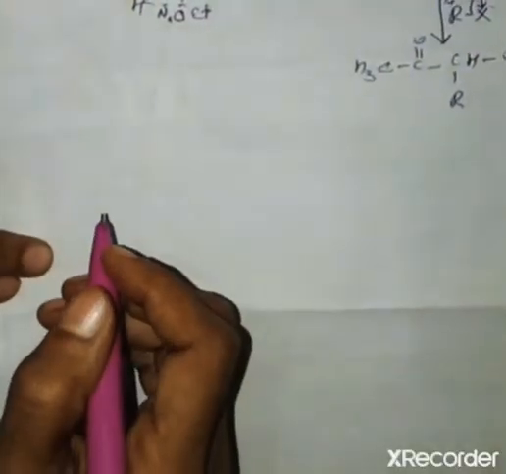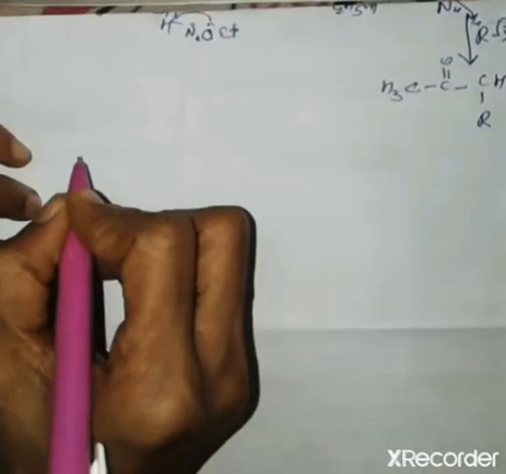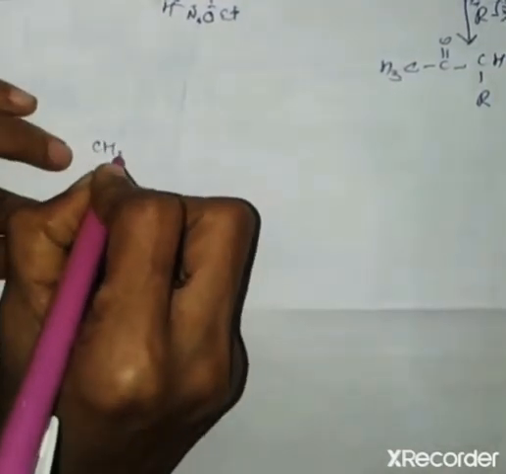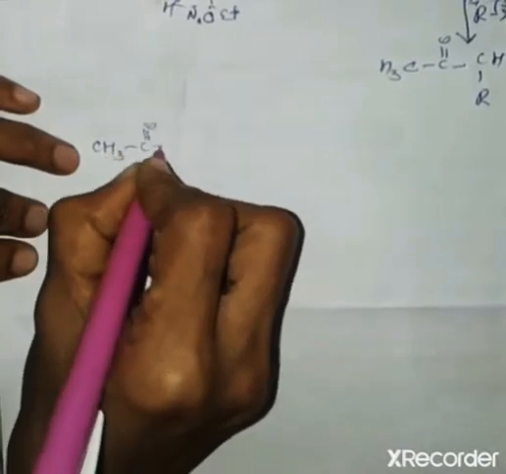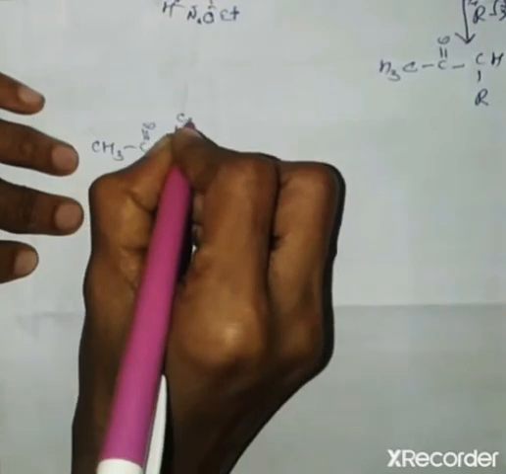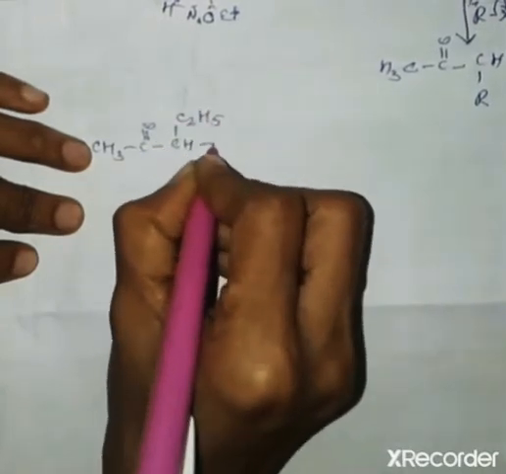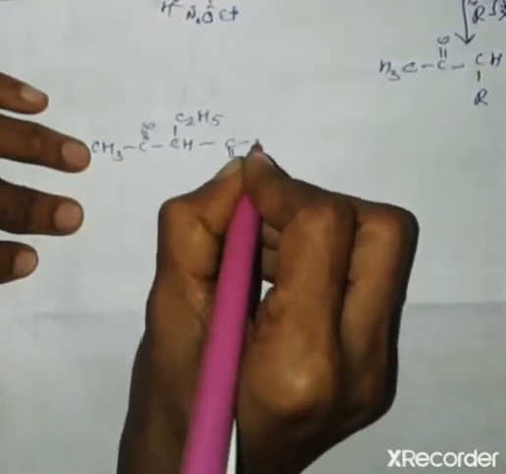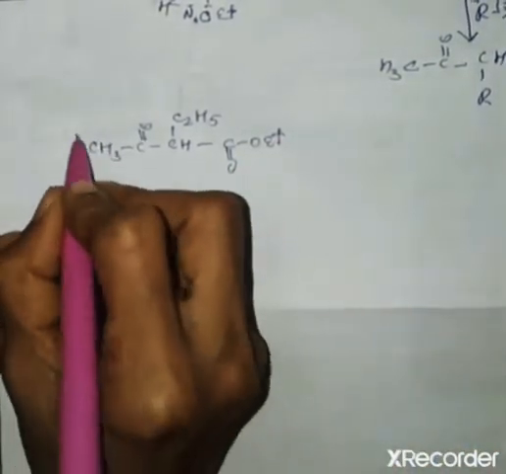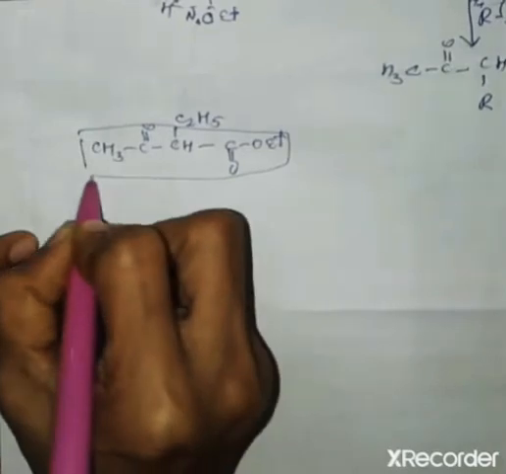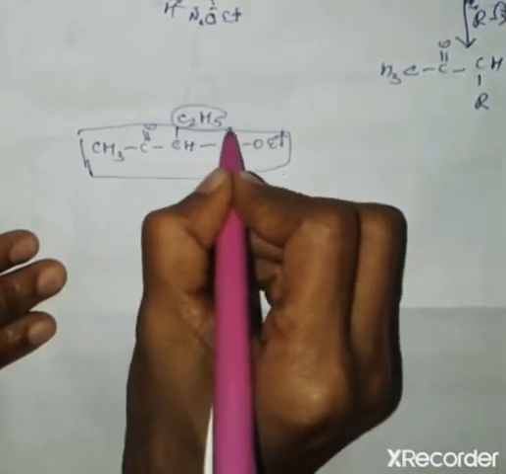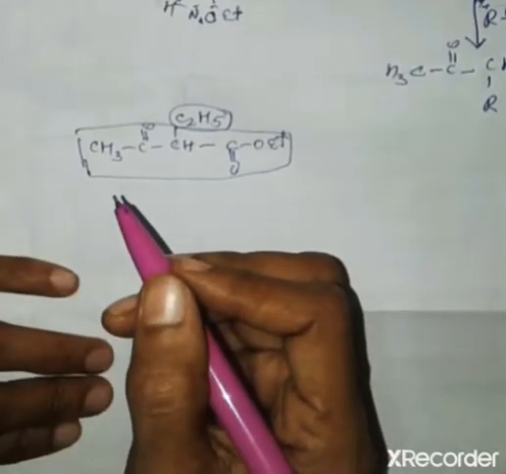Then next, we check how to synthesize CH3 C double bond O, CH C2H5 C double bond O, OEt. Here it is the ethyl acetoacetate in which one of the hydrogens is substituted by an ethyl group.